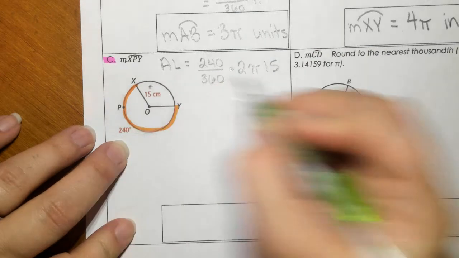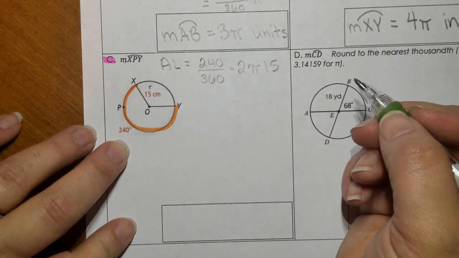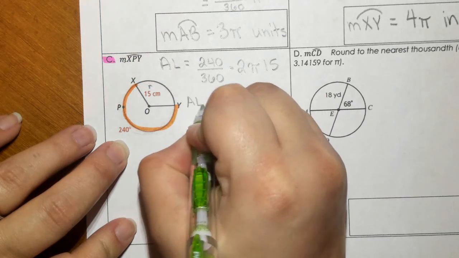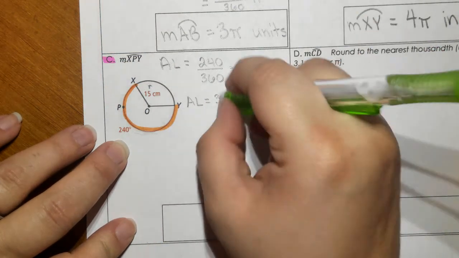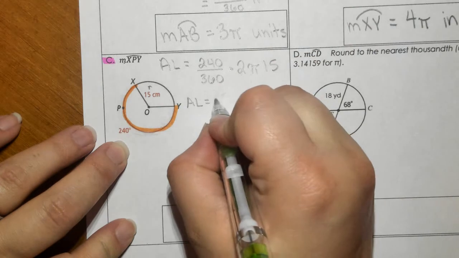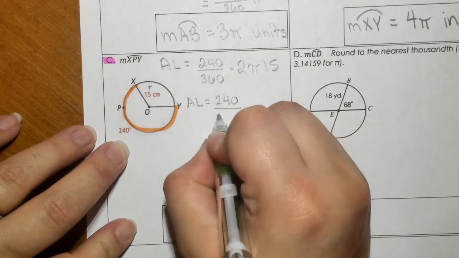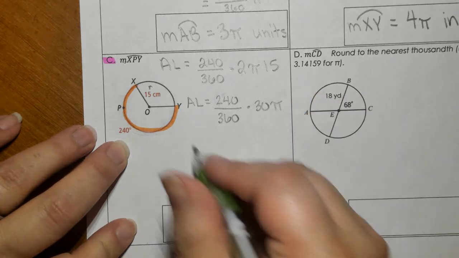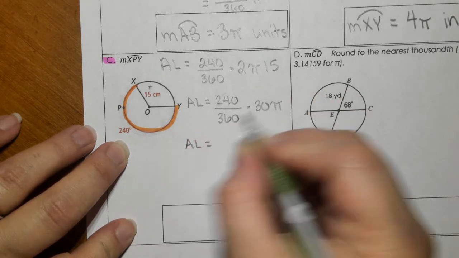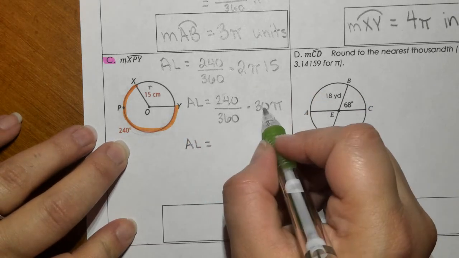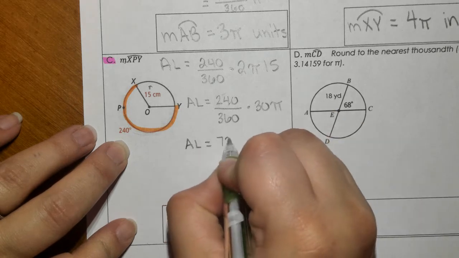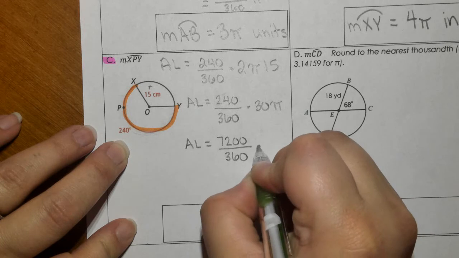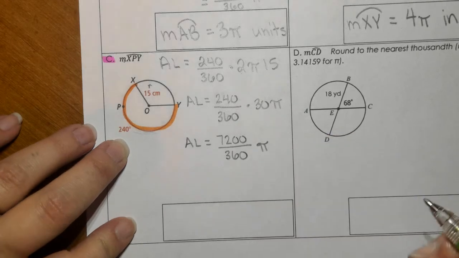That 15 is your r, and that gives you 30 pi. So 240 times 30 is 7,200 divided by 360.